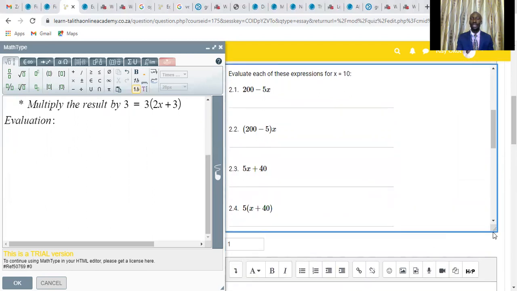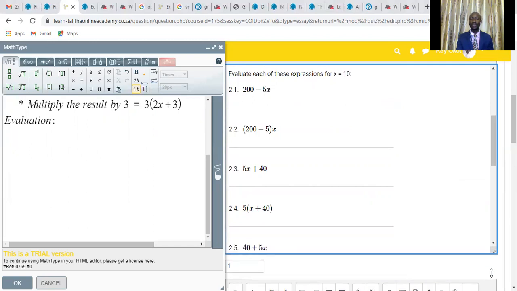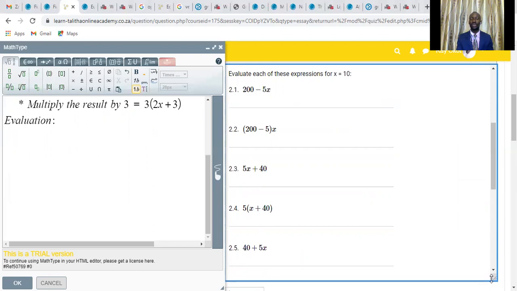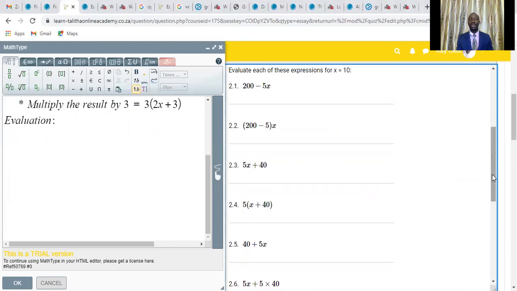We have been given the value of x. What are we supposed to do with the value of x? Well, it's supposed to help us in finding the value of the expressions. The question is, evaluate each of these expressions for x equal to 10.